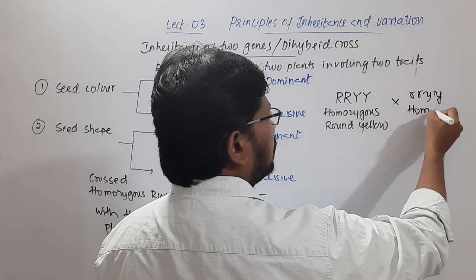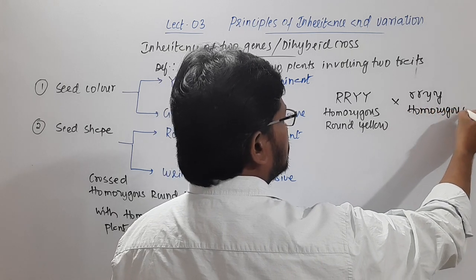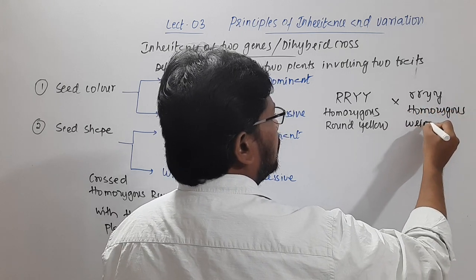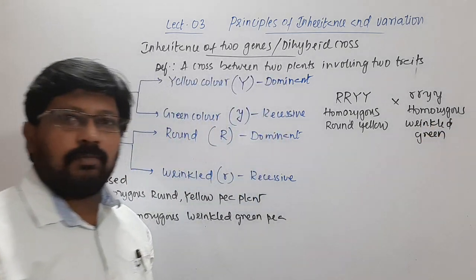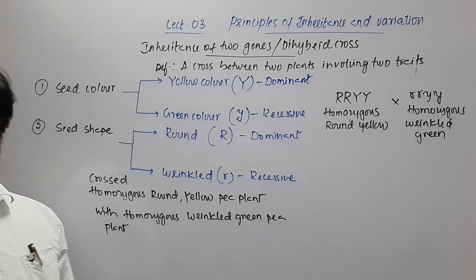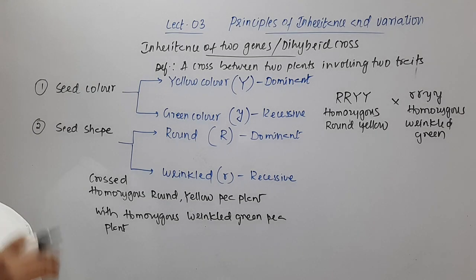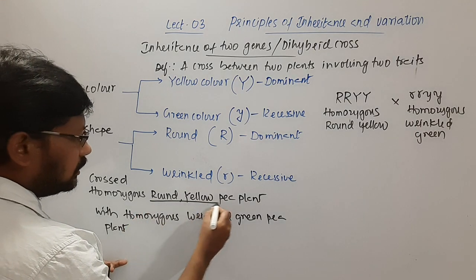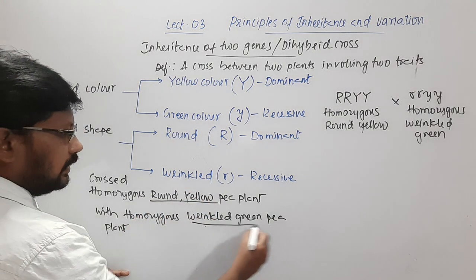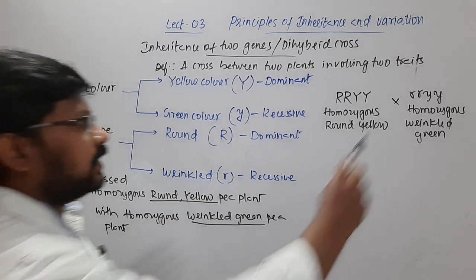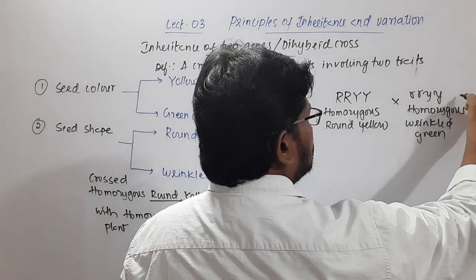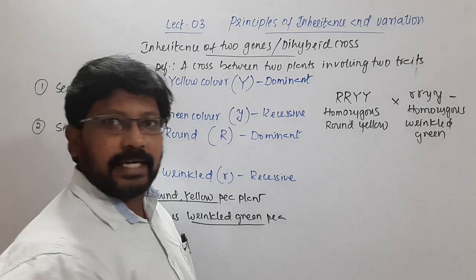So this will be homozygous wrinkled green. So homozygous round yellow is crossed with the wrinkled green pea plant. Here these are the parents.